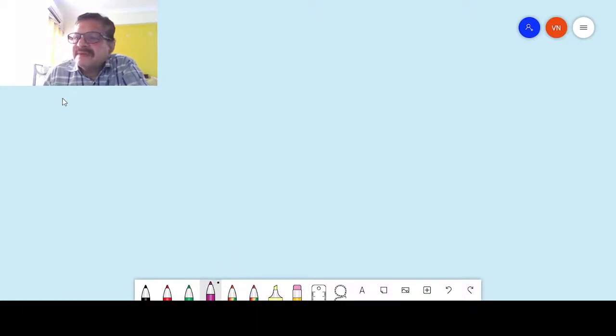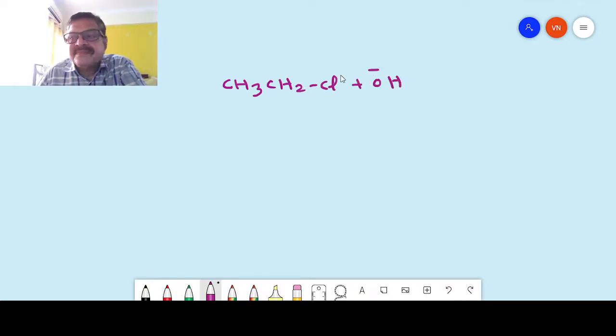We have a reaction like this, CH3CH2Cl, a simple example, reacting with OH minus, the nucleophile. So this is giving you a compound.